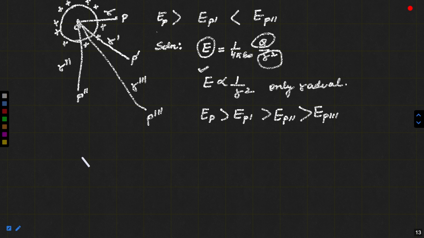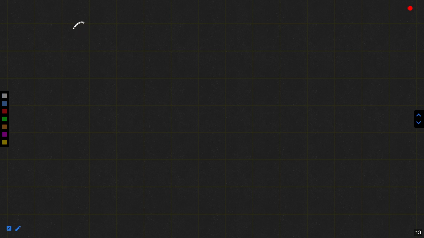So one last question. There is again a thin spherical cell, center O, and charge is distributed over the spherical cell like this, and the radius is R. We want to calculate the electric field at point P and at point P double prime.